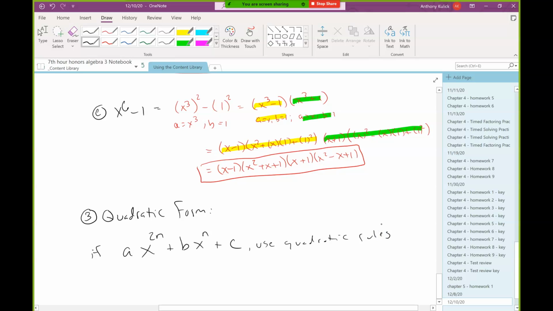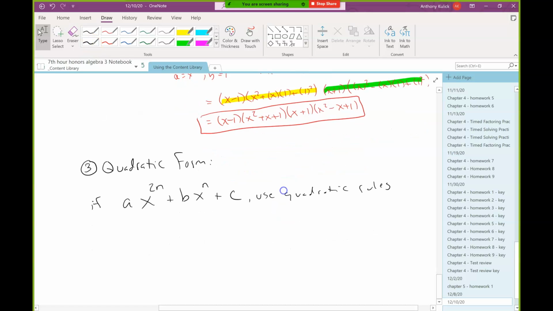So if I have something that looks like a times x to the 2n plus bx to the n plus c, I can just try to use my techniques that I used for factoring quadratics from the previous chapter. So let's look at a couple of examples on doing that.